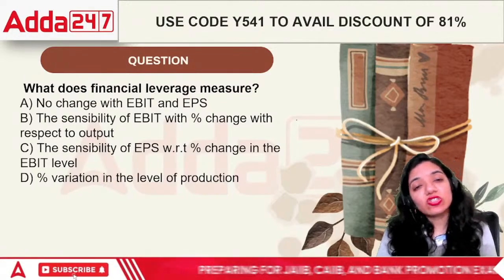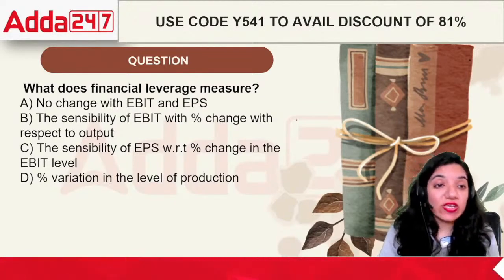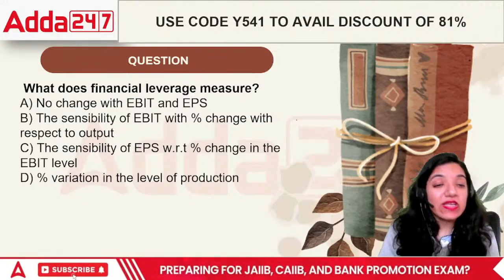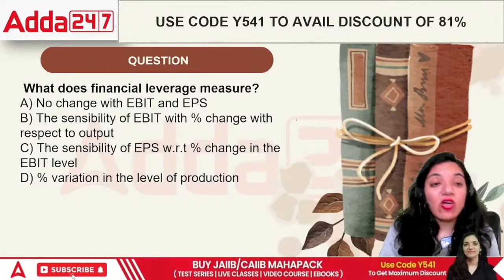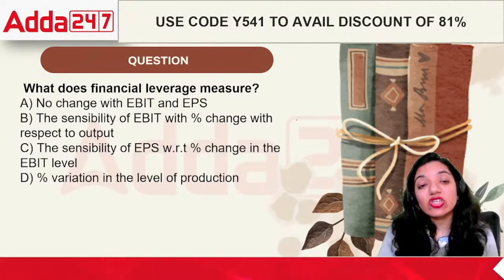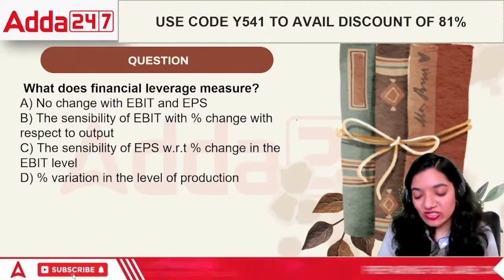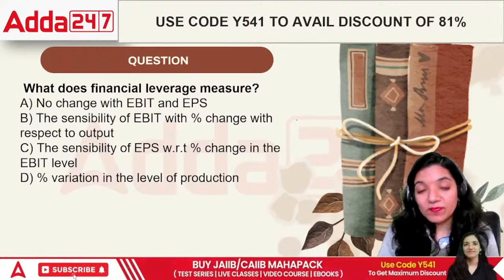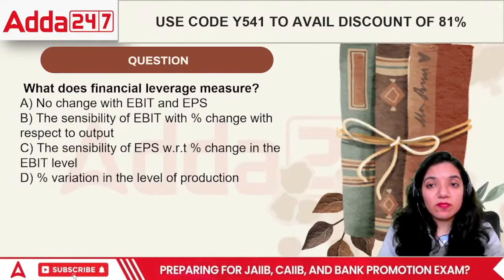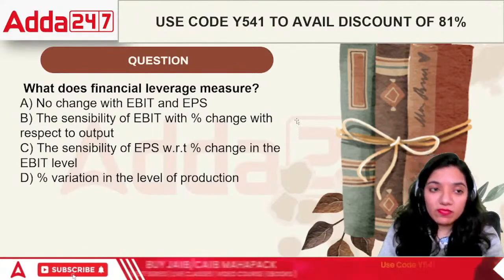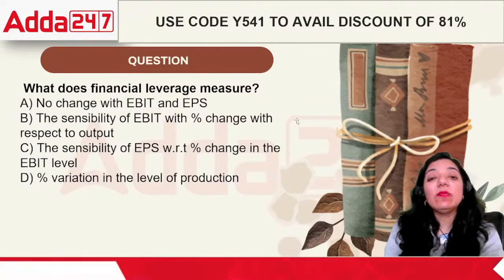So first is no change with EBIT and EPS. The sensitivity of EBIT with percentage change with respect to the output. The sensitivity of EPS with respect to percentage change in the EBIT level, or the percentage variation in the level of production. What do you mean by financial leverage there? If I talk about the financial leverage, this is the method used to find out how we can increase our EBIT and how we can increase our EPS overall.